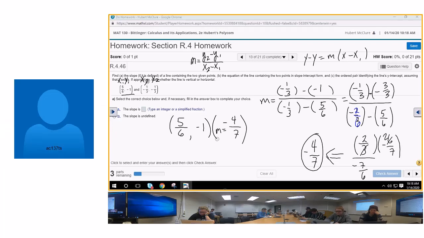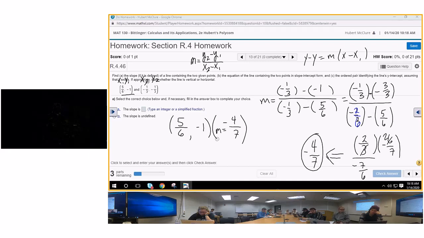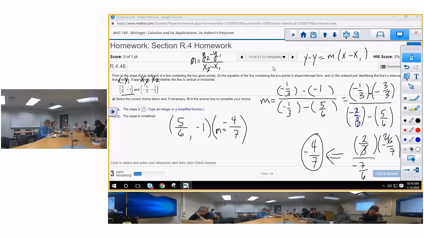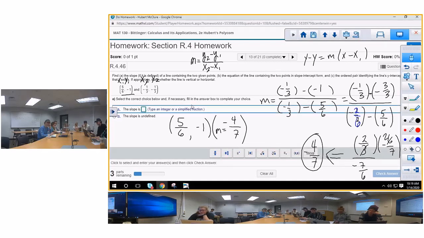Let me put all my stuff back. Okay, what did you get for the slope? I haven't got there yet. What a disappointment. I got negative, and then I'm going to hit the fraction bar.